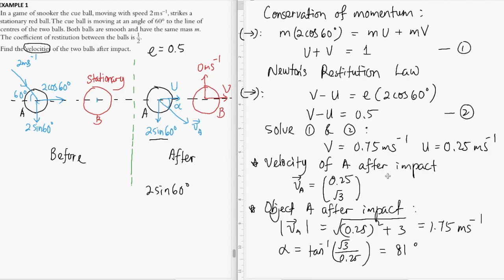That is how we can describe the velocity of object A, either using vector form, or by writing down its speed and direction.